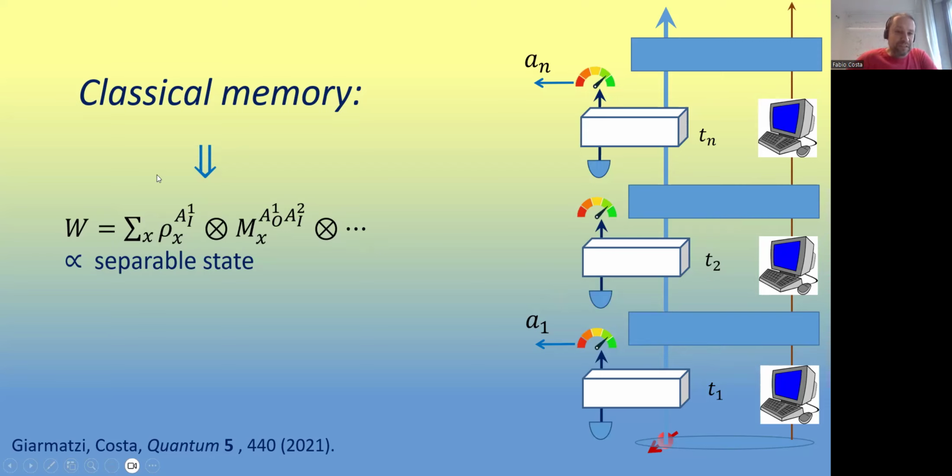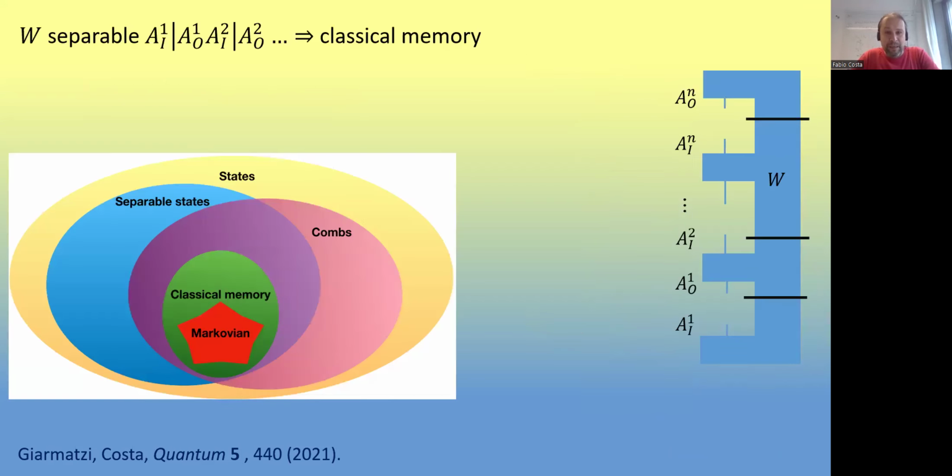Okay, nonetheless, it's very convenient that classical memory implies this separable form, because then we can use standard techniques that we know from quantum states. So now remember that our multi-time process is isomorphic to a multipartite state.